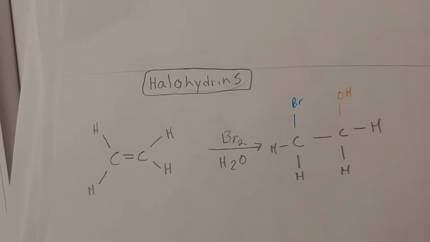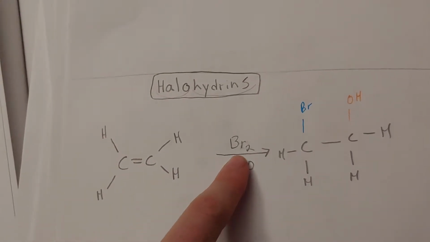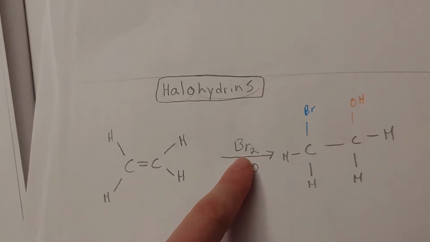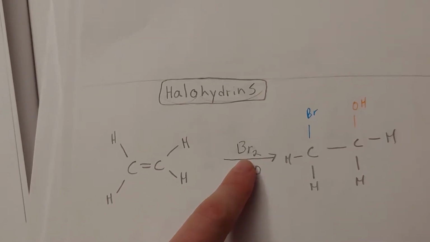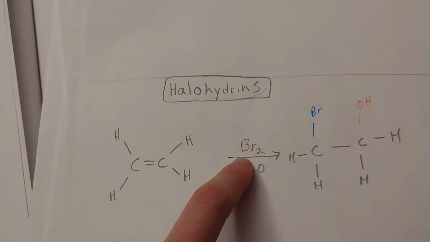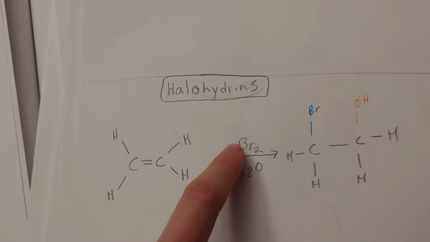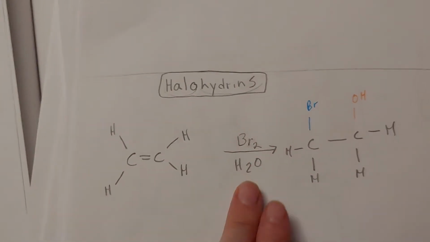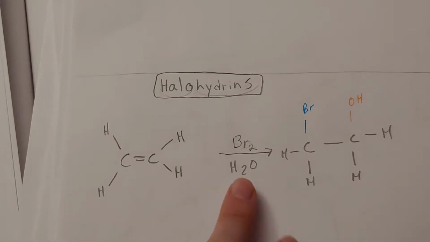Halohydrins. Halo, of course, that can be Br, Cl. What's the rule? It's F, Br, I, and Cl. So they always use Cl and Br. So halo, Br, hydrogens over here. Remember, we're always going to add two things.